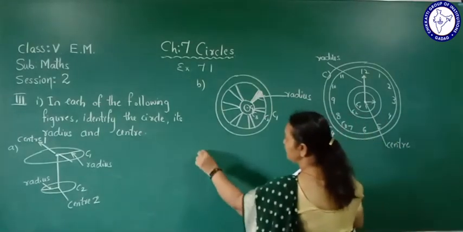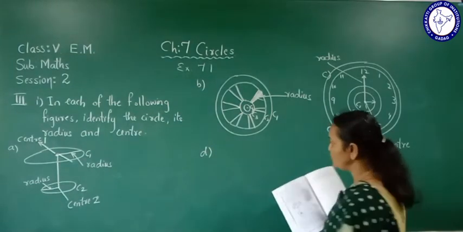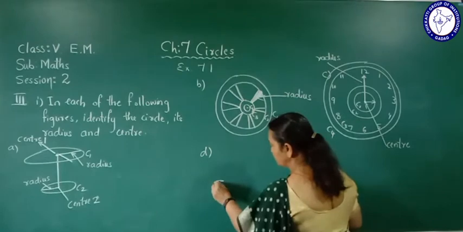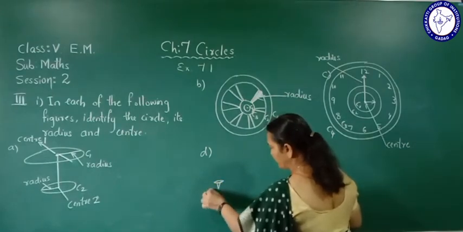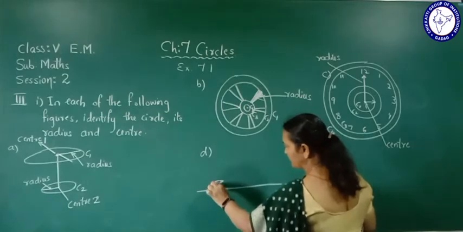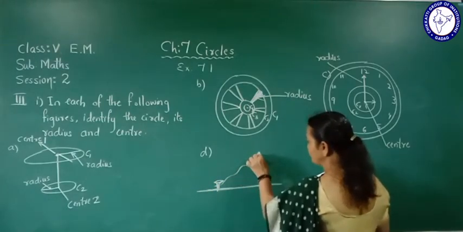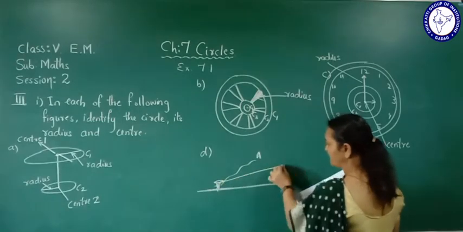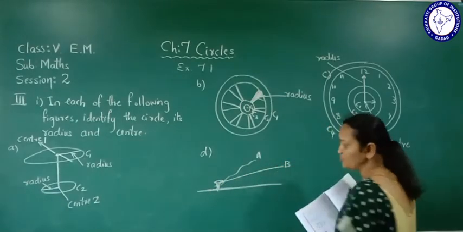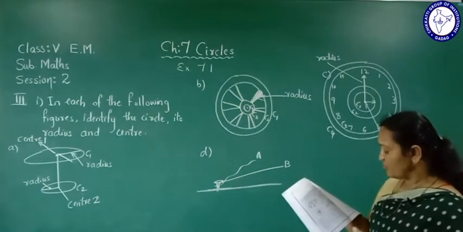Then D question. Here two cows are tied to one peg. This is called a peg. Here in a ground, some peg is put on this. Here cow A is tied and another cow B is tied. Two cows are tied to one peg.